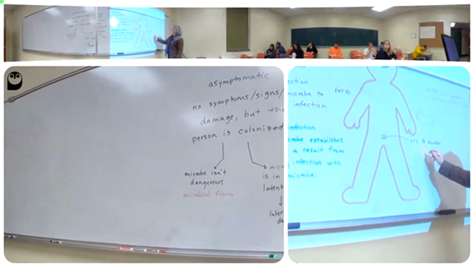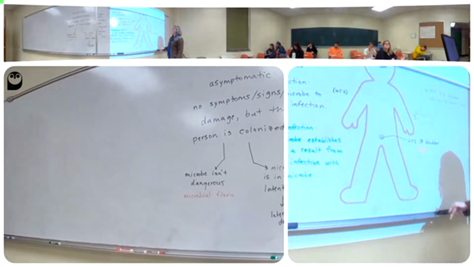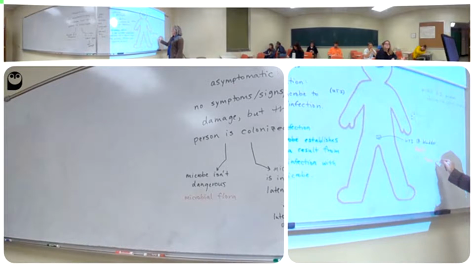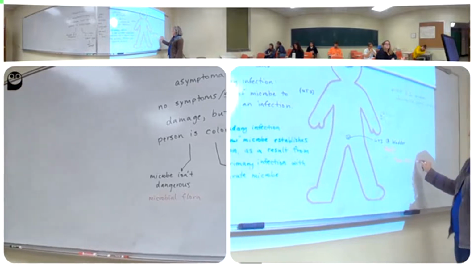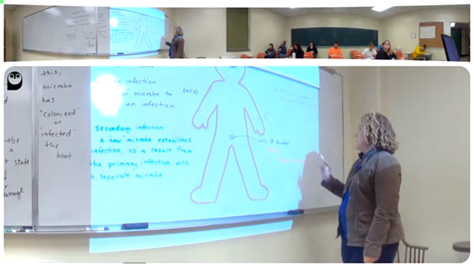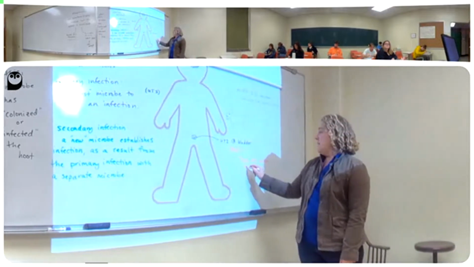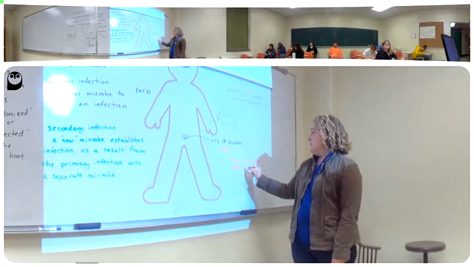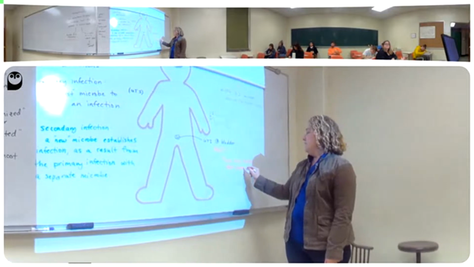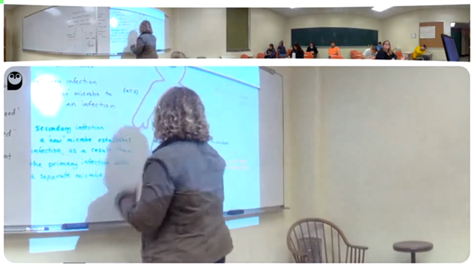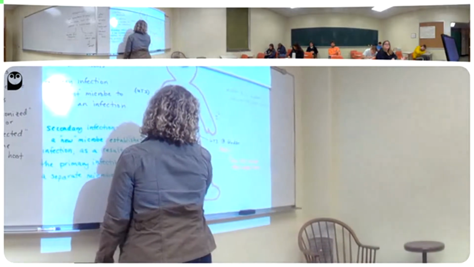So this would be the treatment, or ABX, antibiotics. And that kills the UTI microbe. But the antibiotics also affect the microbial flora that live in the vagina. There we go.